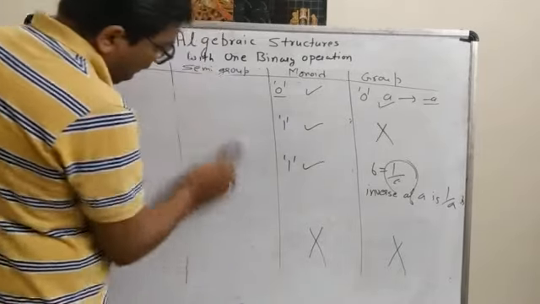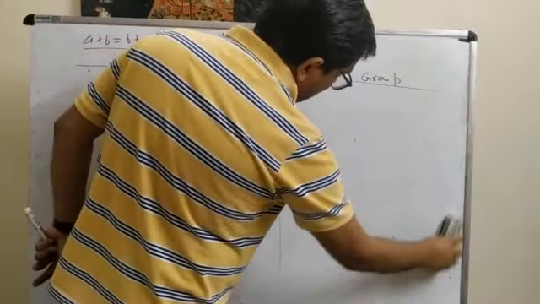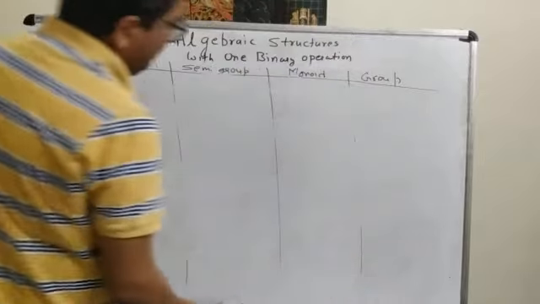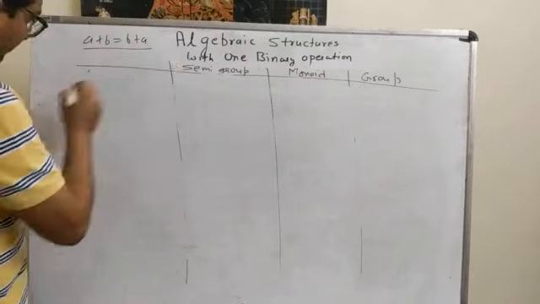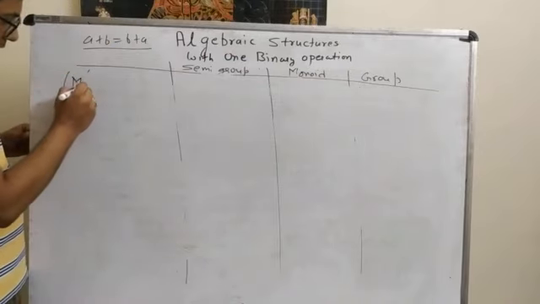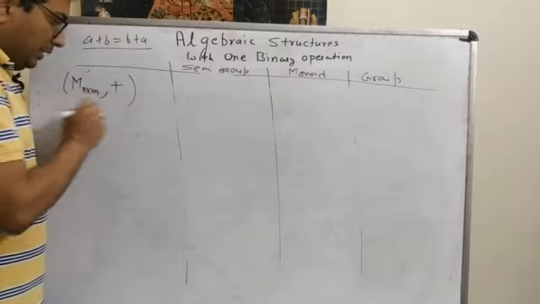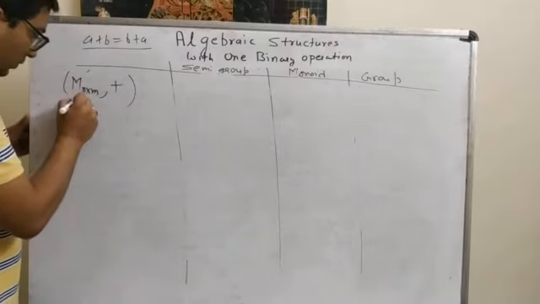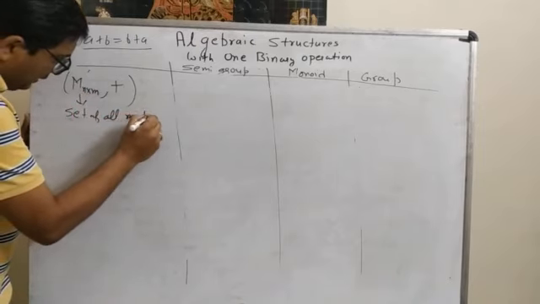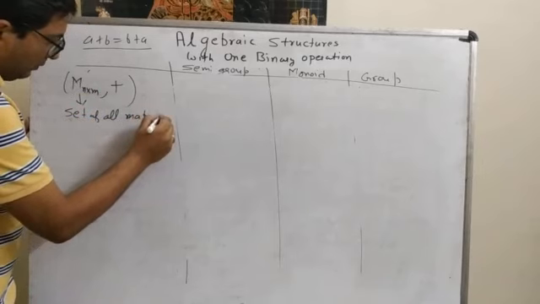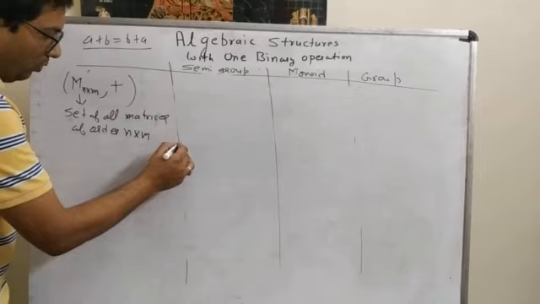Now let us talk about matrices. Now let us take the set M n cross n with plus. This M n cross n is the set of all matrices of order n cross n.